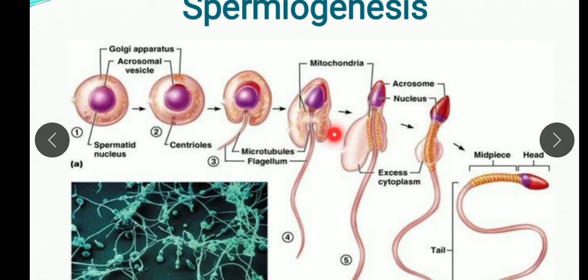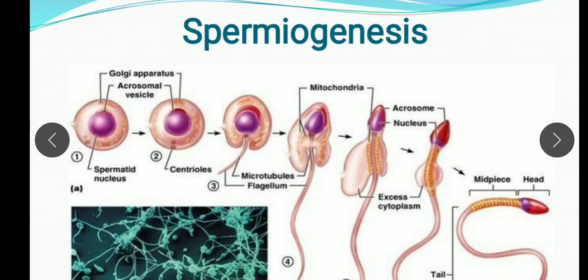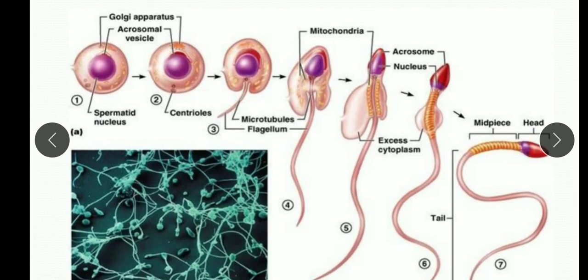In this way, from each primary spermatocyte, 4 sperms are formed, and each sperm has 3 regions: the head region, middle piece, and the tail region.